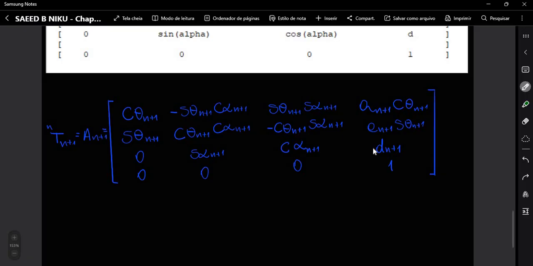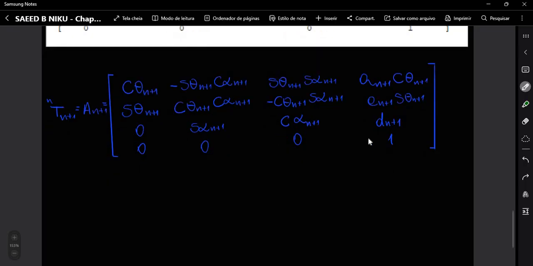So this is the result of a transformation. So we apply this matrix if we want to transform from one local reference frame to the next one. So right here we got T with index n plus 1.